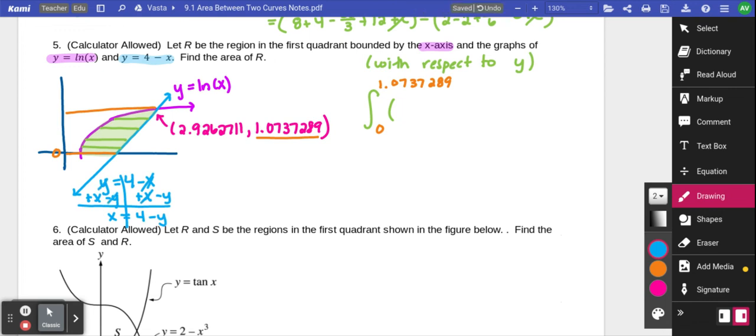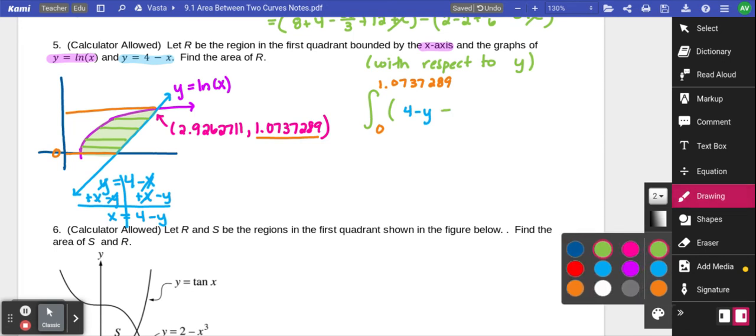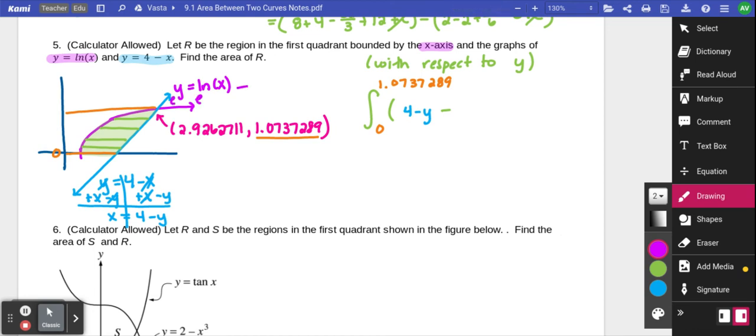So my first equation in my integral here is going to be 4 minus y. Then I'm going to have minus, and I need my other equation. But just like in this one, I need this in terms of y. So I need to get x by itself. In order to get x by itself, I need to e both sides. So I'm going to have e to the y equals x. So I'm going to have minus e to the y.